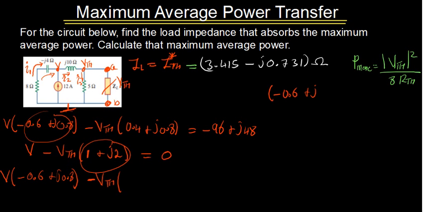So that's 1 there plus j2 there. Minus 0.6 by 1 is still 0.6. Then 0.6 by 2 will give us minus j 1.2. Then j 0.8 by 1 is plus j 0.8. Then 0.8 by 2 is going to give us what? Minus 1.6.